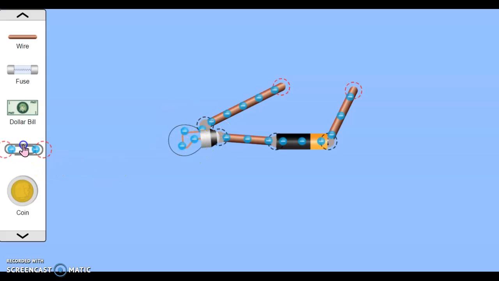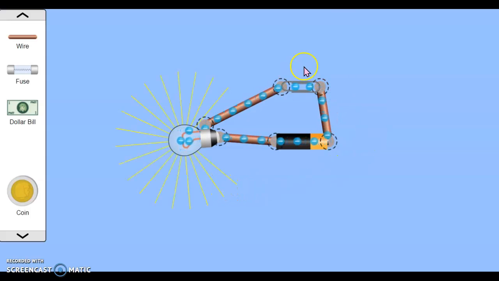But let's try our paper clip. Observe what will happen to our light bulb as I attach this paper clip. There you go. So that means our paper clip is a conductor because it allows electrons to pass through it and thereby makes our bulb light up.